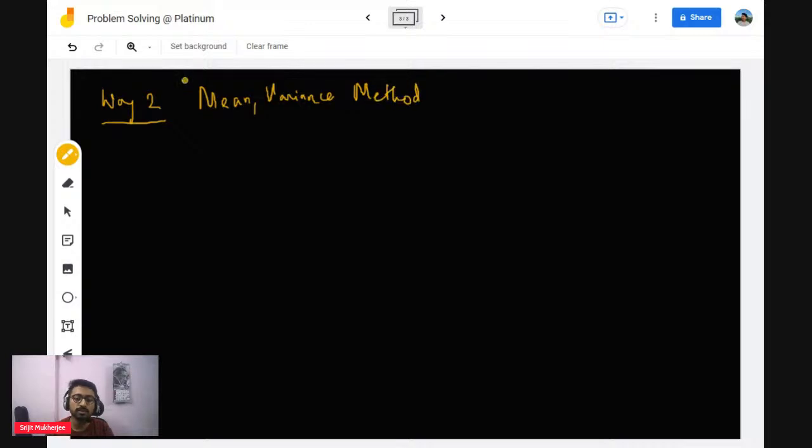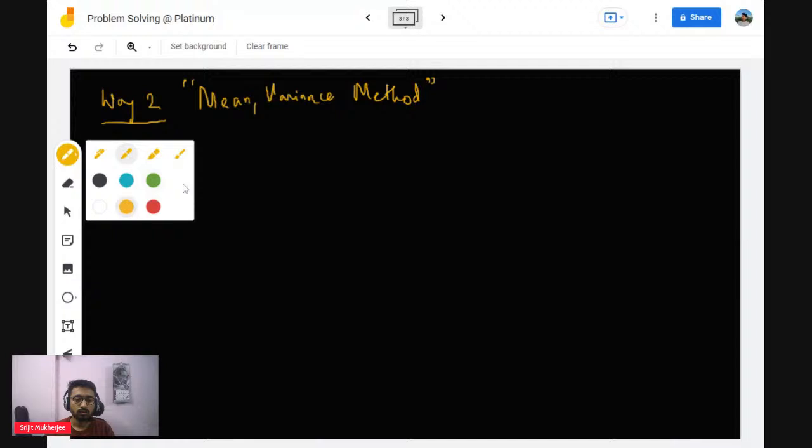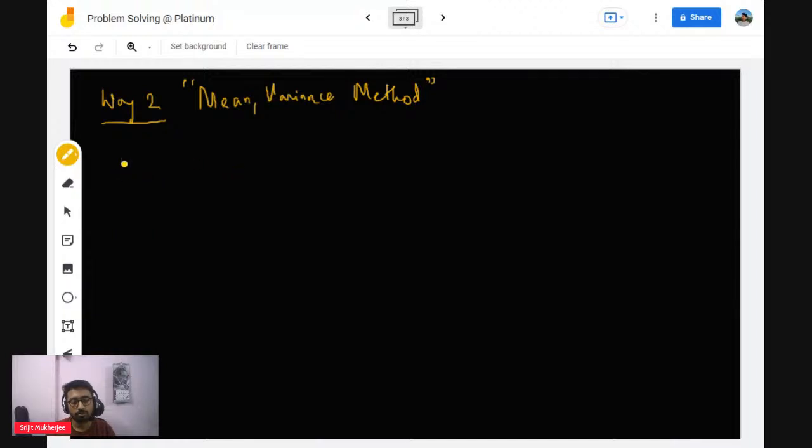So what is this mean variance method? The mean variance method is equivalent to the fact that if theta hat n is a function of n, and the expectation of theta hat n is going to theta, so the bias is going to 0, and the variance is going to 0.